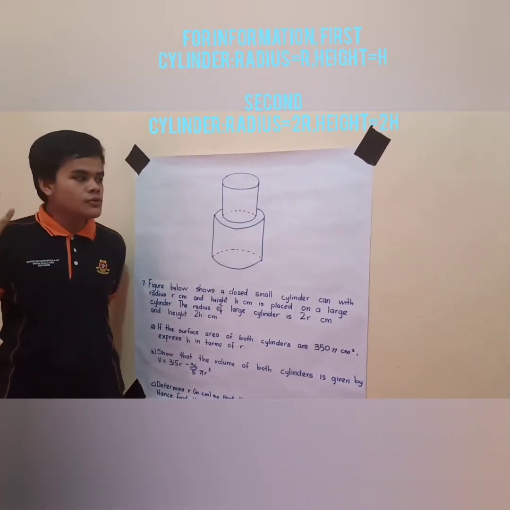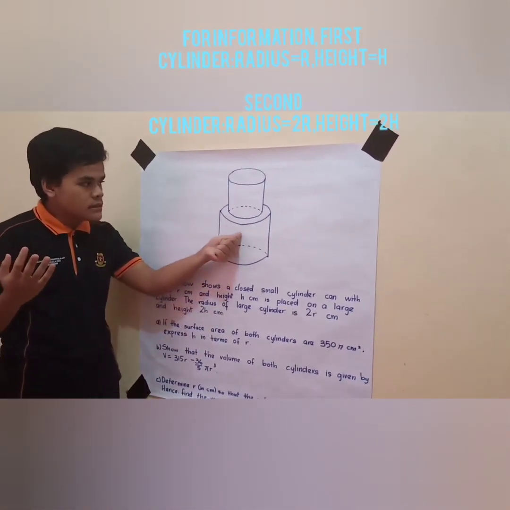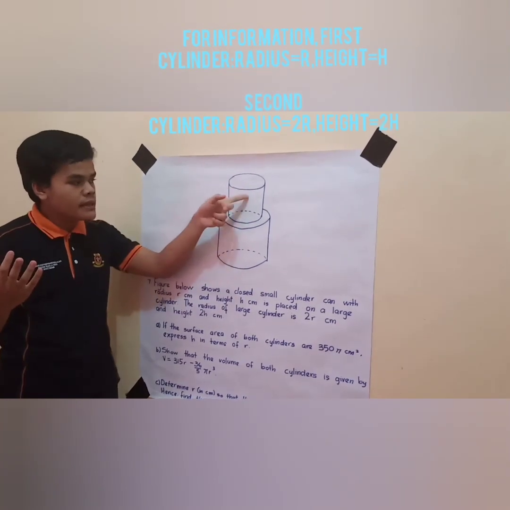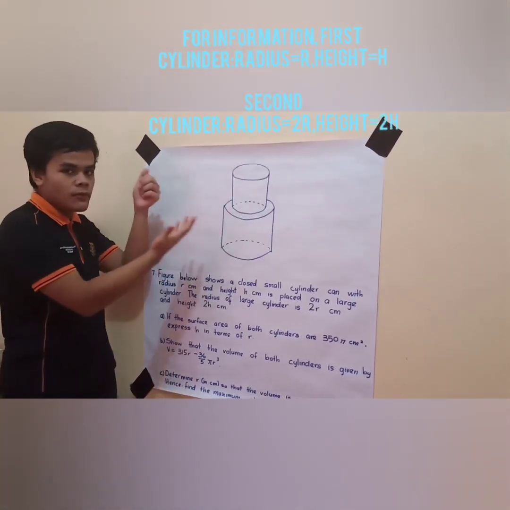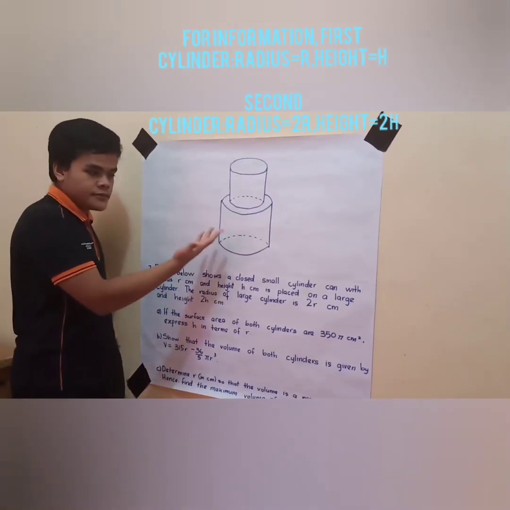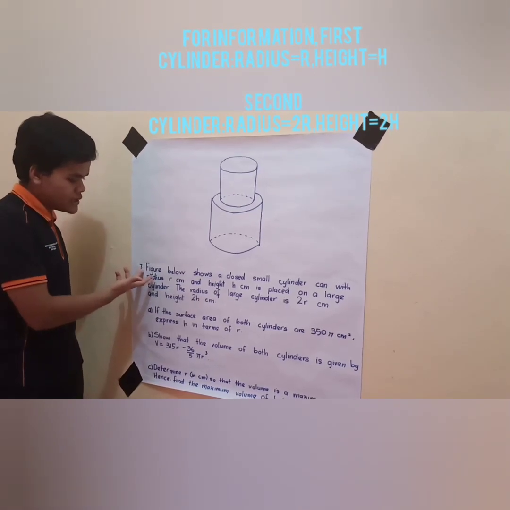So what you can conclude is that the radius of the first one is twice that of the other cylinder. This is our design for our cake project. So let's continue with this question.